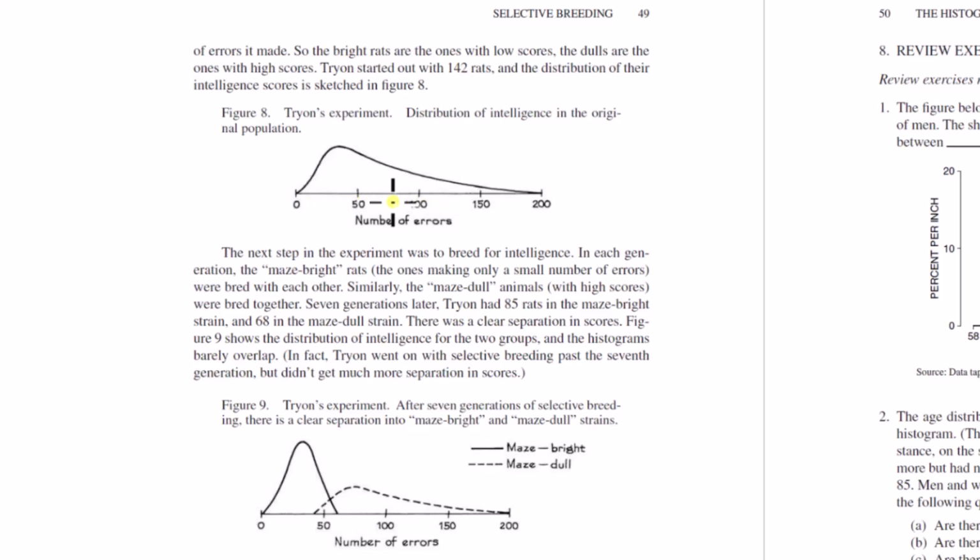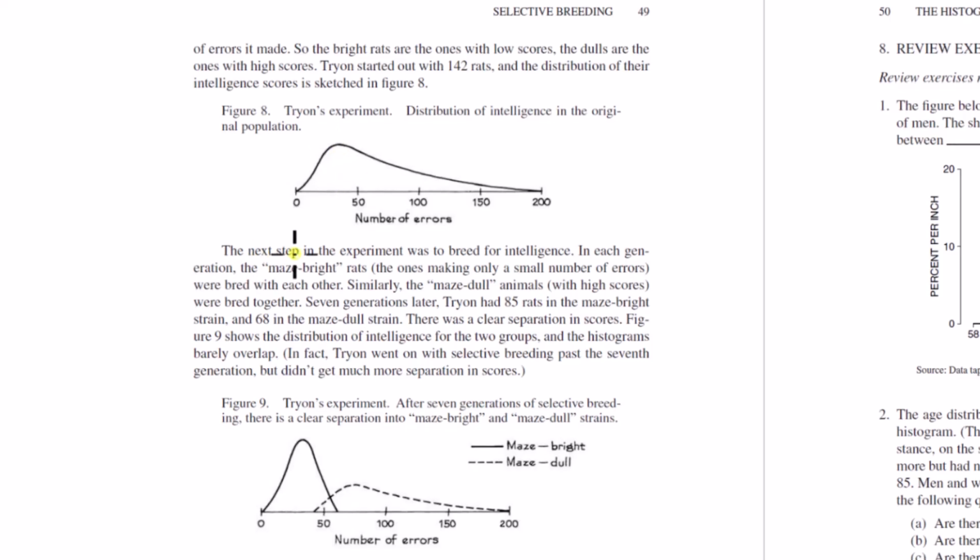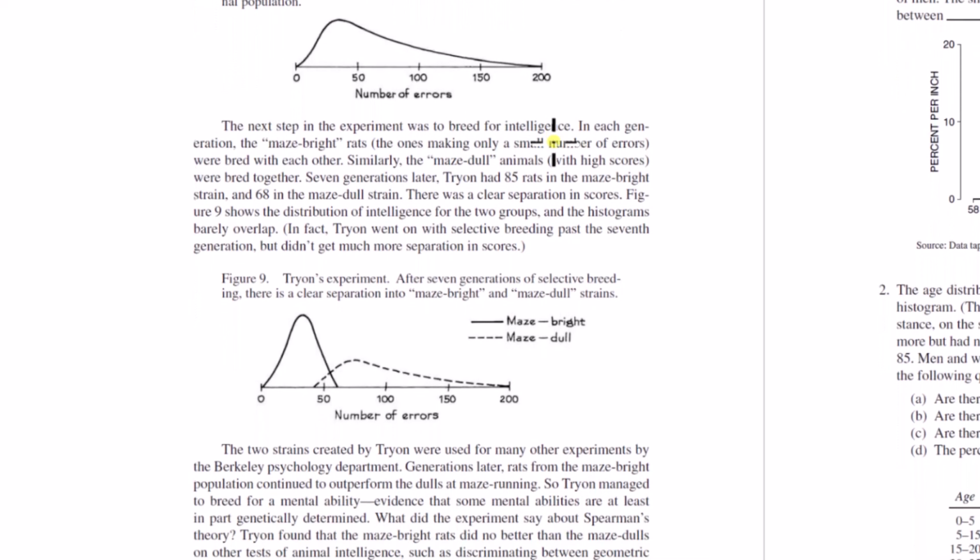That's what's on the x-axis, and then the number of rats within that class interval is on the y-axis, or the percent per number of errors. And so this is just giving you a general overview of how the test scores are distributed. And it looks like the most common test score, the most common number of errors made, was about in that 35 to 40 range.